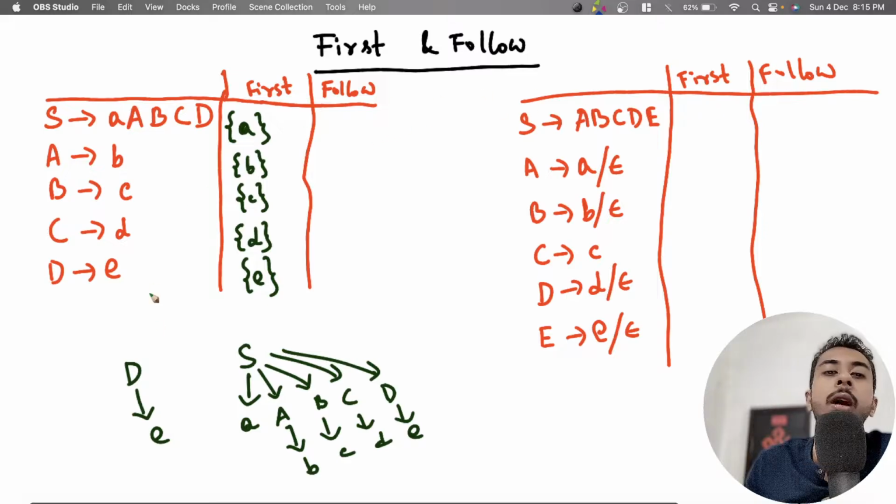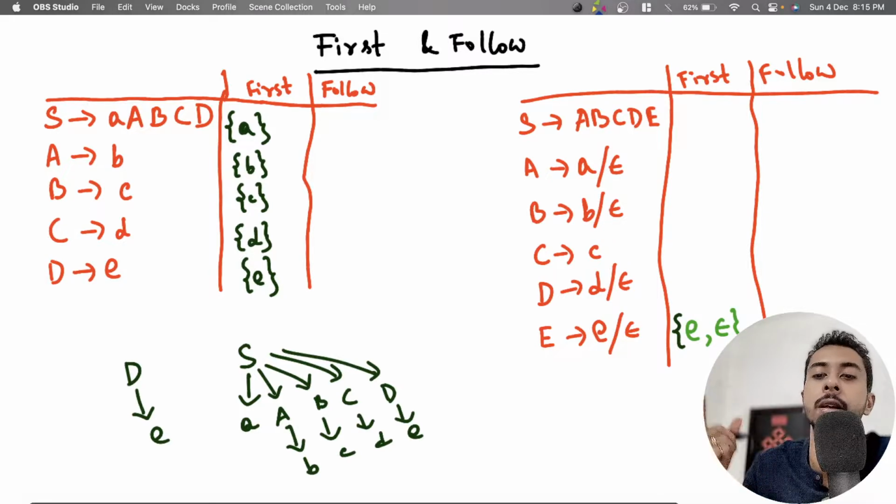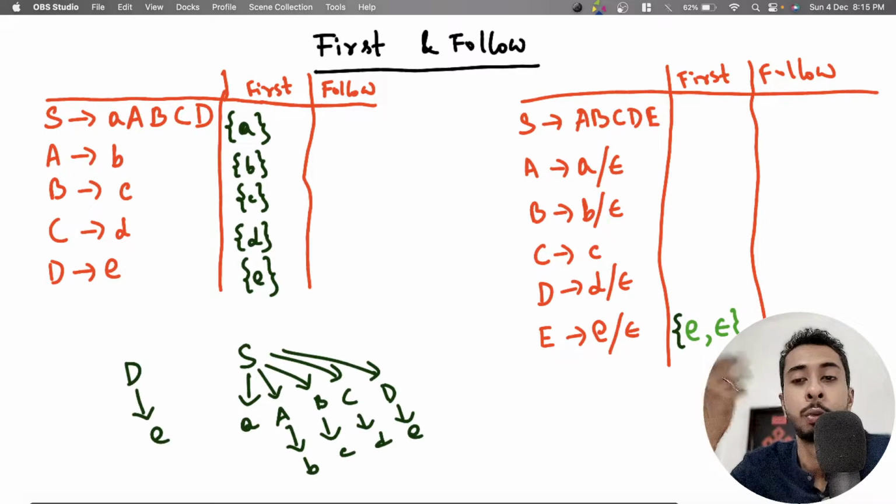Now let's do the first here. The first of E derives E or epsilon is E as well as epsilon. I said first can contain terminals, including epsilon.